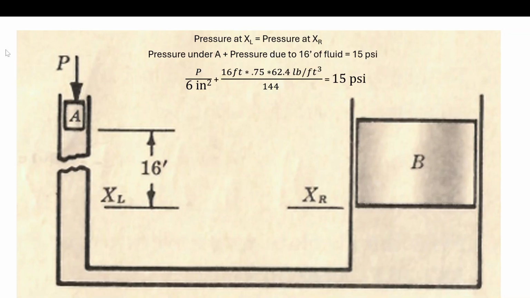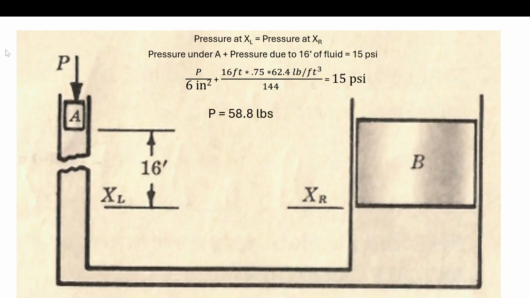Now the pressure due to the 16 feet of fluid is going to be 16 feet times the specific gravity times the unit weight of water. Now, if we were to solve the numerator in that part of the equation, we're going to wind up with pounds per feet squared, but we're working in pounds per square inch. So that's why we divide by 144. That way all of our units are uniform in pounds per square inch.